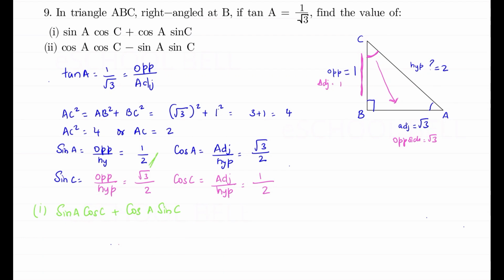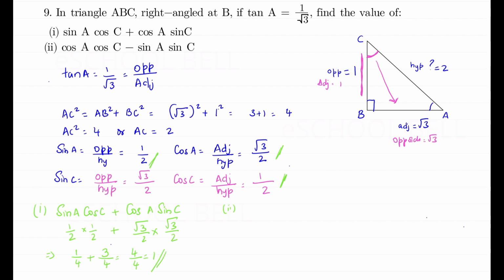Sin A is 1 by 2. Cos C is how much? 1 by 2. Plus cos A. Cos A is how much? Root 3 by 2. Into sin C. Sin C is how much? Root 3 by 2. This implies 1 by 4 plus 3 by 4. That equals 4 by 4, and the answer is 1. The first part of the question, the answer is 1.